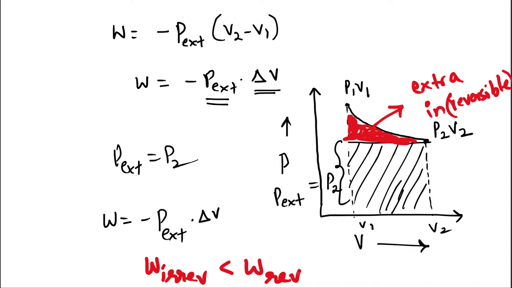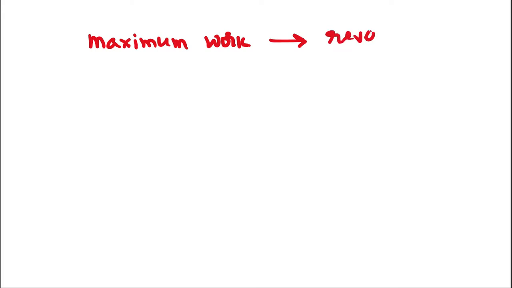So therefore, we can extract maximum work in the isothermal reversible process. In any reversible process, the maximum work is coming out, and the problem with that is it is happening slowly. Therefore, maximum work is extracted from the reversible process.